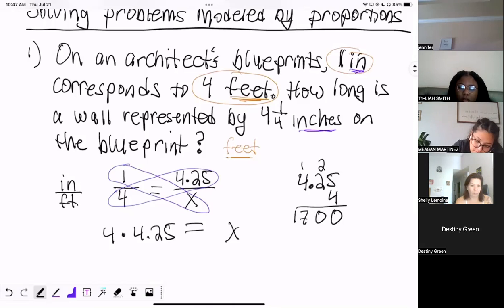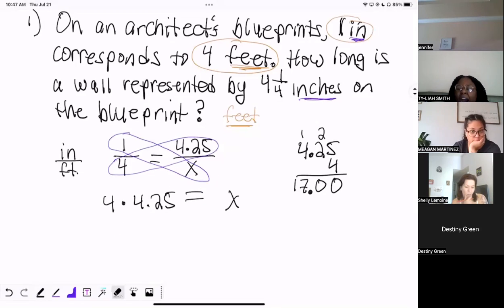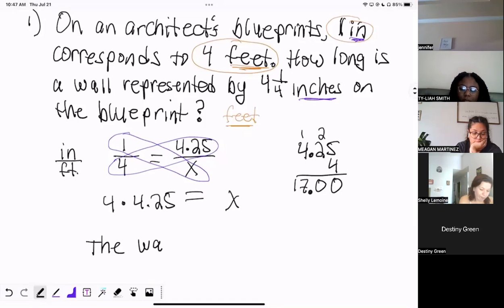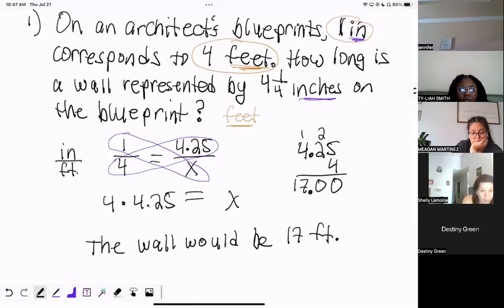I moved my decimal place 2 places because I have 2 decimal places. So my answer has to be 17. And it's a word problem, so word problems rewrite words. The wall would be 17 feet.